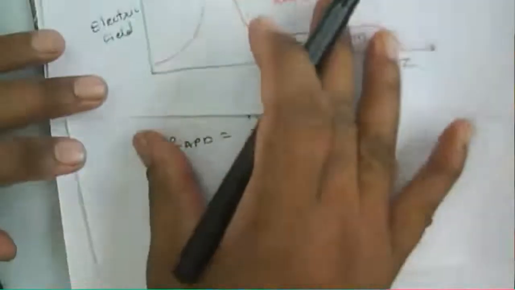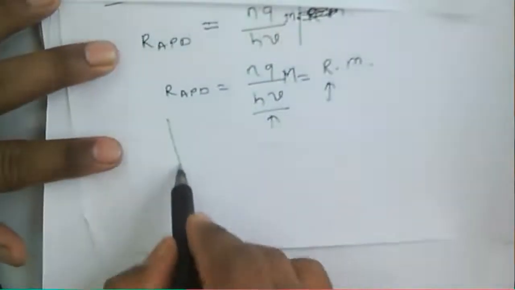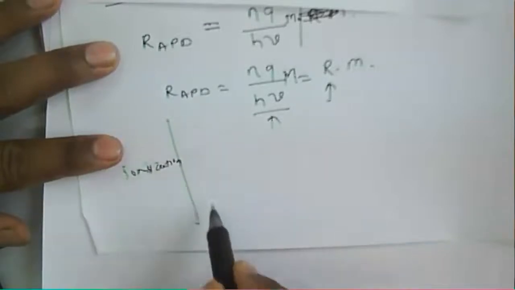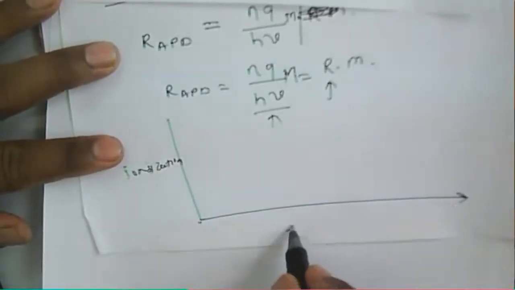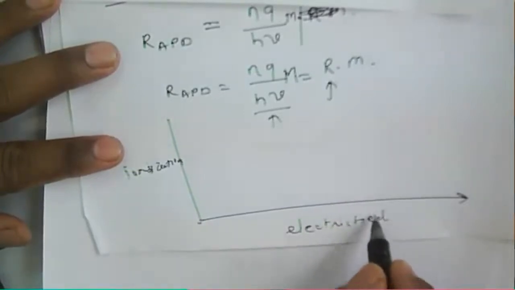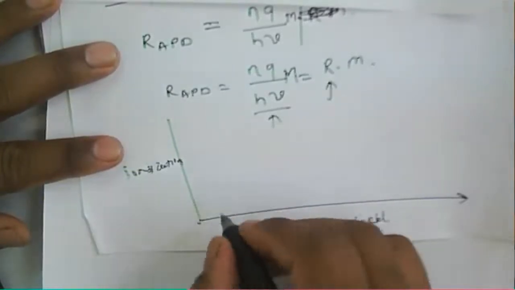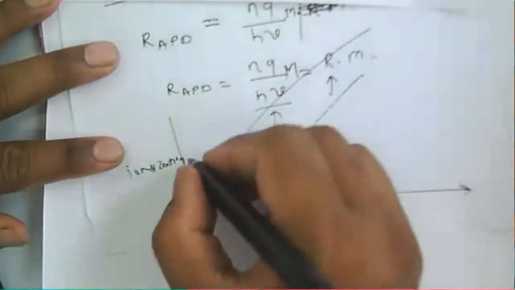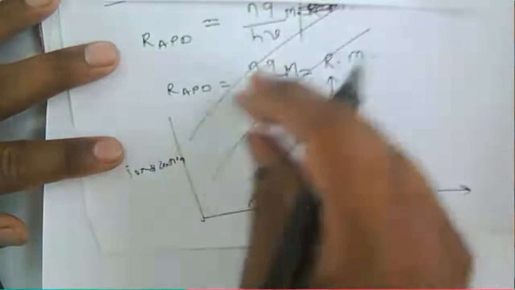So if you consider different materials and the ionization process with respect to the electric field, for silicon the number of electron hole pairs generated is likewise. Okay, that is about the ionization process. The graph will be likewise with respect to the electric field.